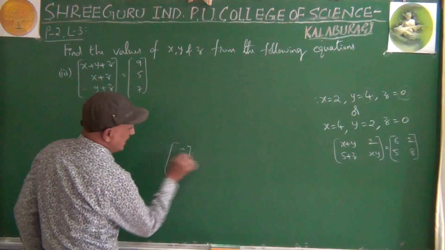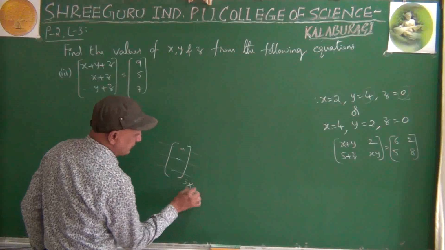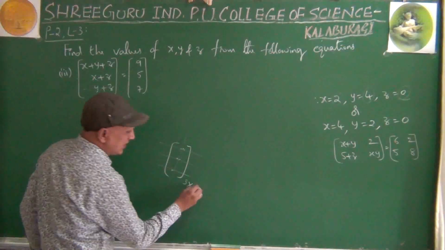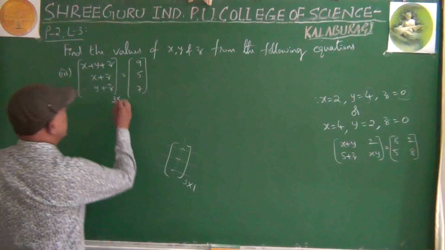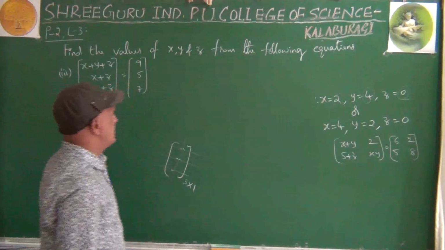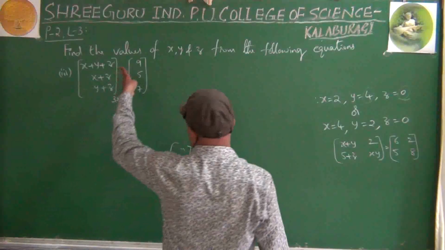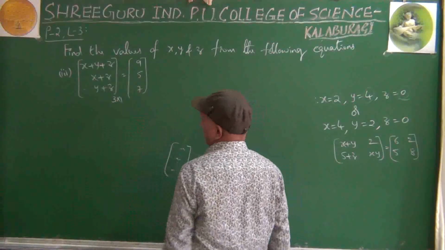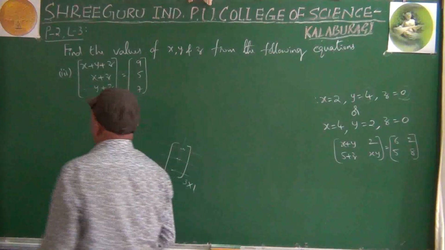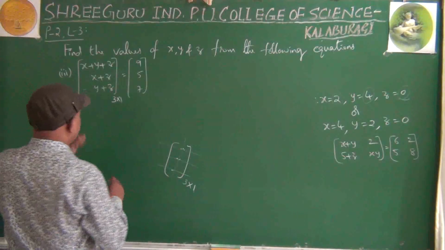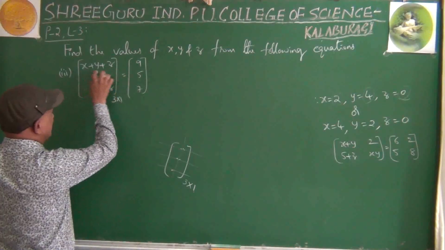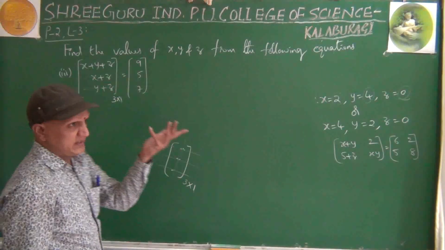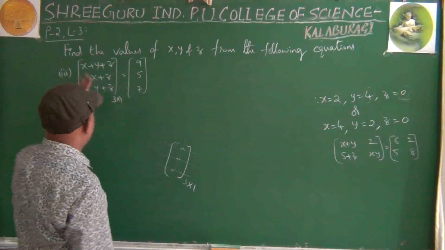How many rows are there? 1, 2, 3 rows are there. How many columns? Only 1 column. So it is 3 by 1. Chances are there for a few students to get confused, thinking there are 3 columns.